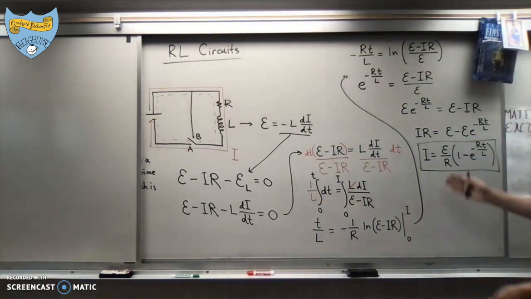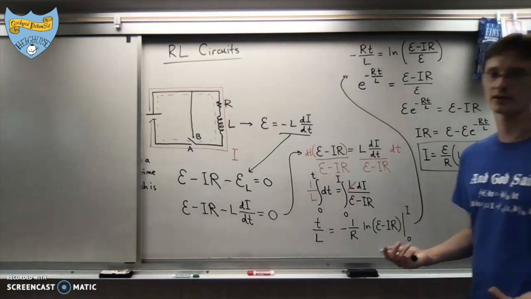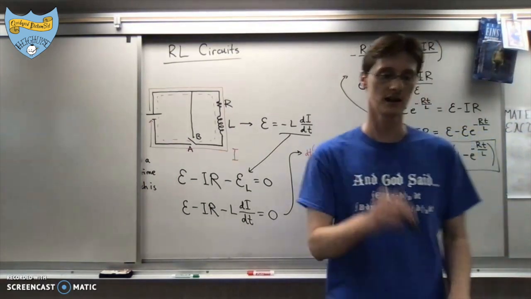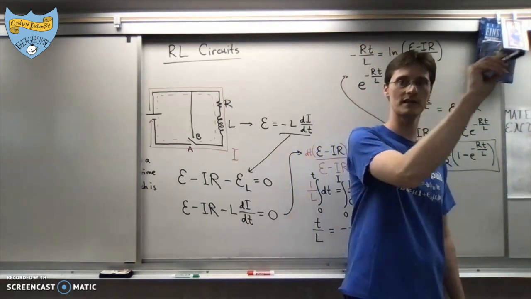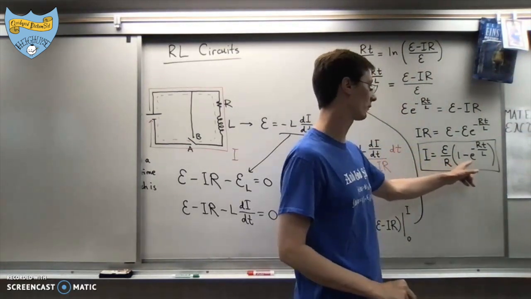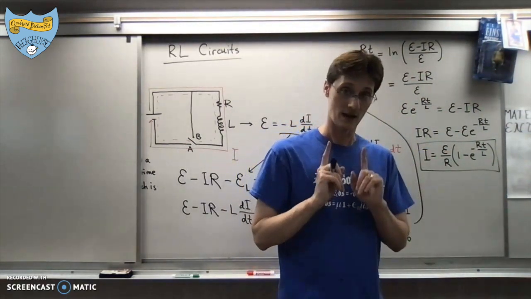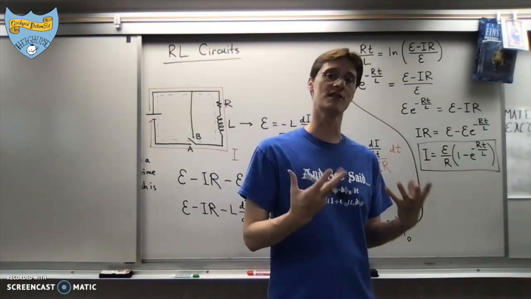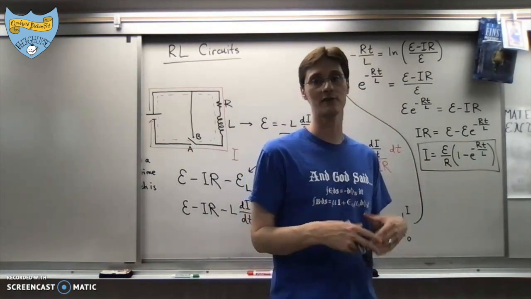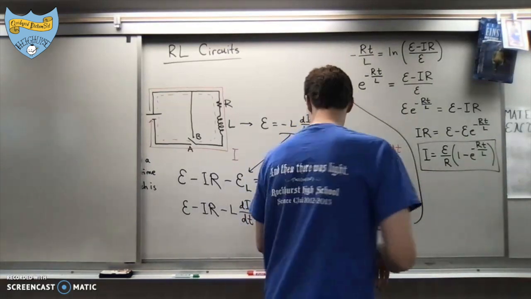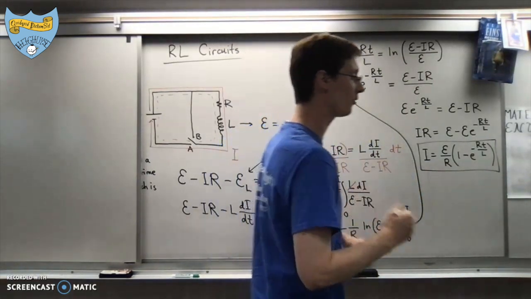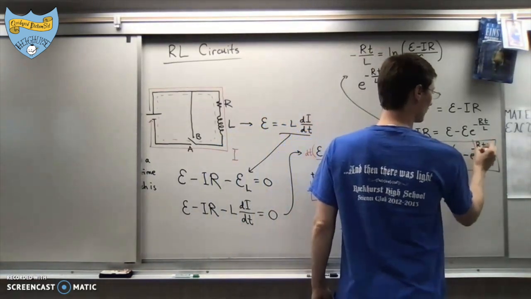The final equation we get looks like any natural growth curve you've seen before. The current is going whoop as a natural growth function. They all look like 1 minus e to the stuff. Because this is of the same form as every other natural growth equation you've seen, you could probably guess that there would be a time constant in here.